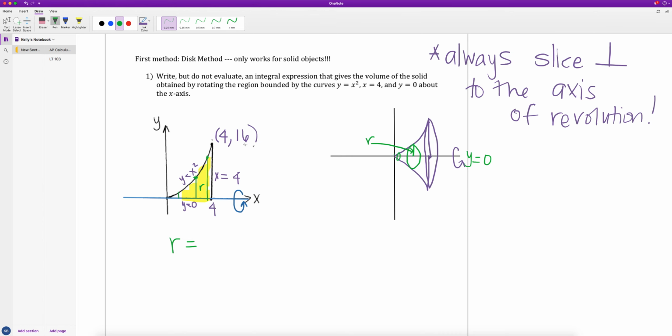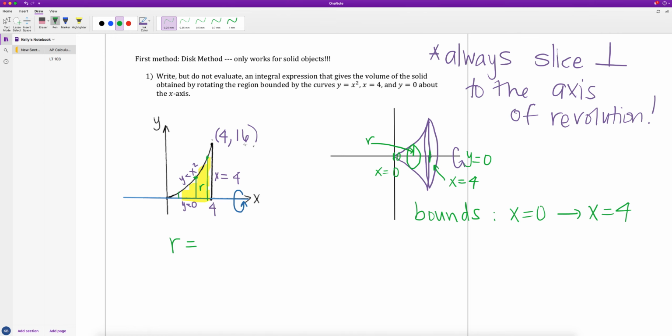So they're building themselves up from x equals 0, where they first start, all the way over to the end of this shape, which was at x equals 4. Those are going to be my bounds. So I am going to end up integrating from x equals 0 to x equals 4.